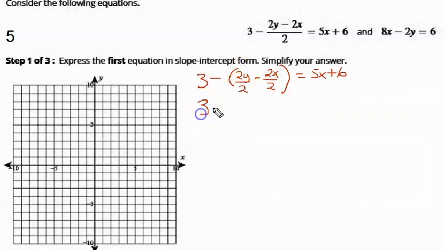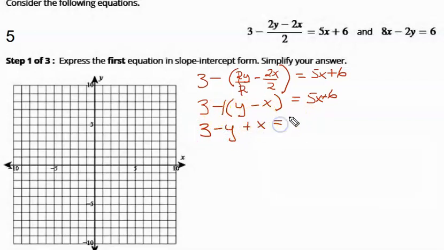This is going to be 3 minus, now here the 2's are going to cancel out and I'm just left with a y. Here the 2's will cancel out and I'm just left with an x. Now some of these steps you could do in your head, and I'm showing them for detail here. So with a negative, in a sense, -1 out in front here, this becomes 3 minus y plus x now equals 5x plus 6.